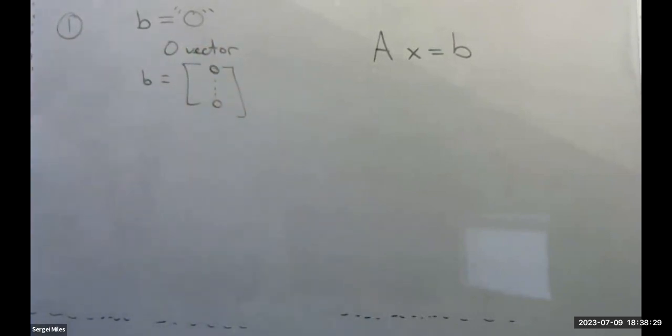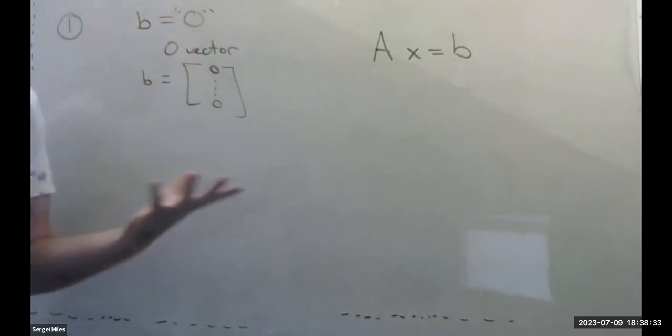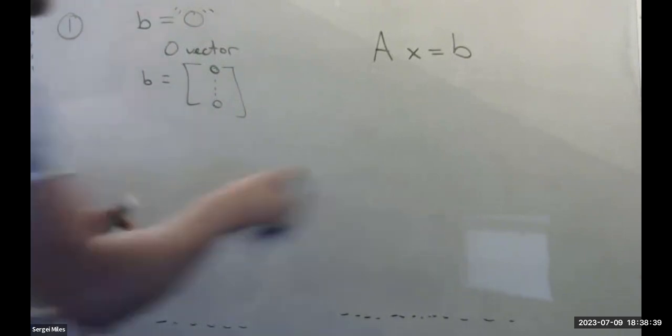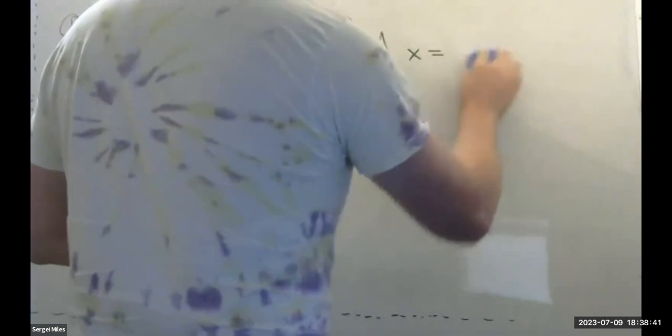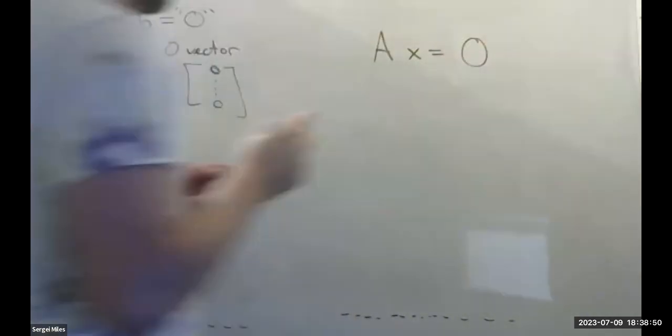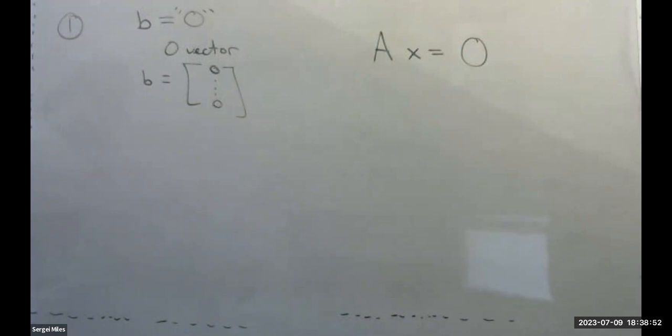So when I say B equals 0, I'm referring to the 0 vector, not just the single real number 0, right? Okay, but what happens when B is 0? Well, now we have the matrix equation AX equals 0.